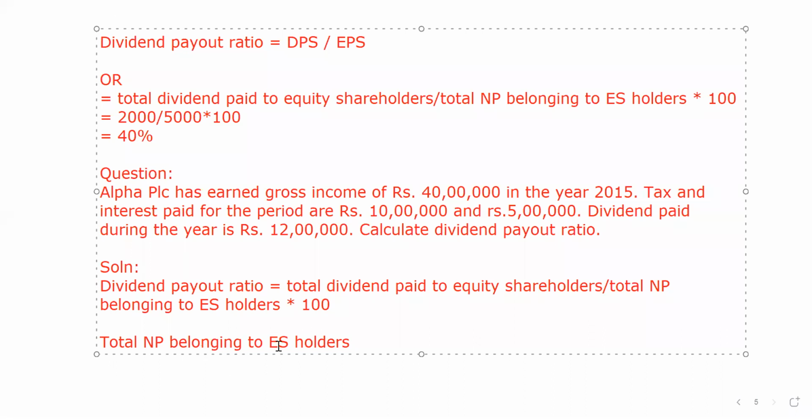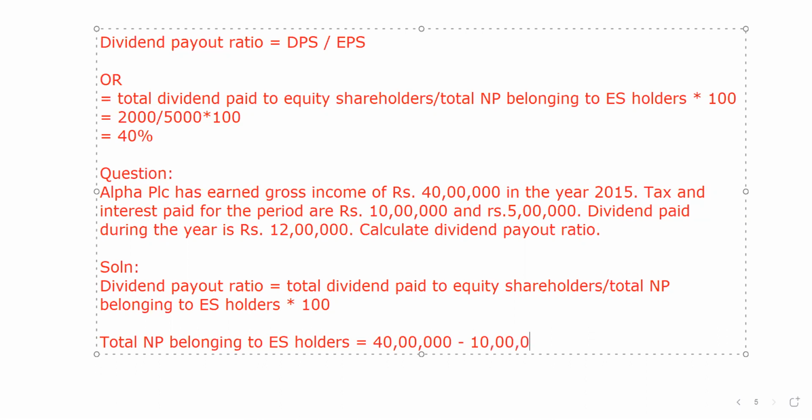So total net profit belonging to equity shareholders. We are given the gross income. Gross income is 40 lakh, which is known as net profit before interest and tax. So less the tax amount, 10 lakh.